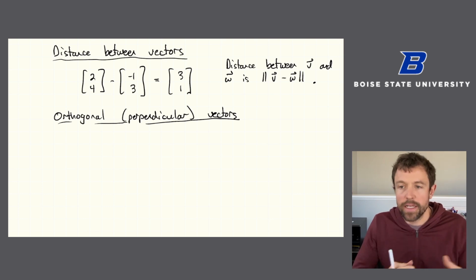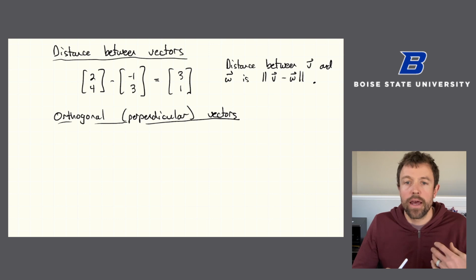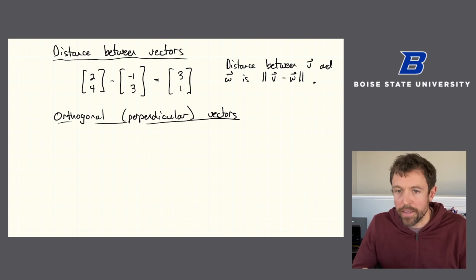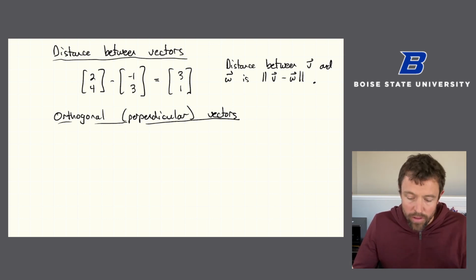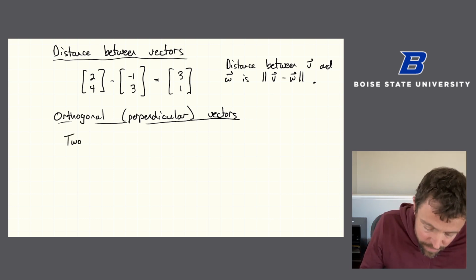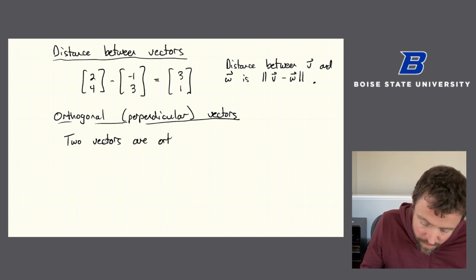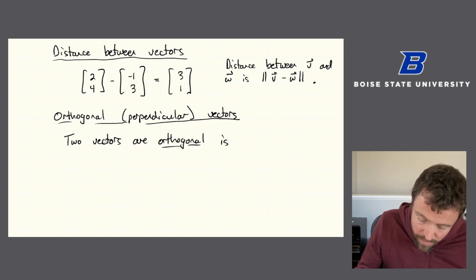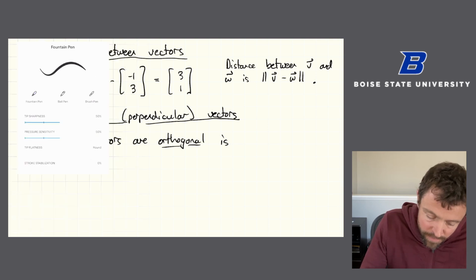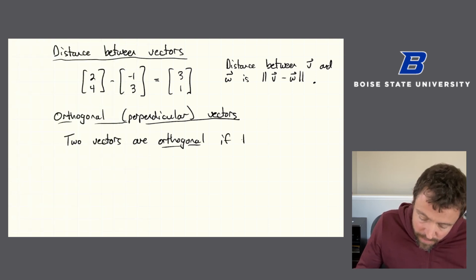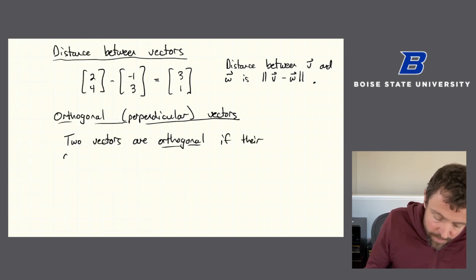There are different ways to take things like dot products, and we want some notion of orthogonality. But two vectors are orthogonal if their dot product is 0.